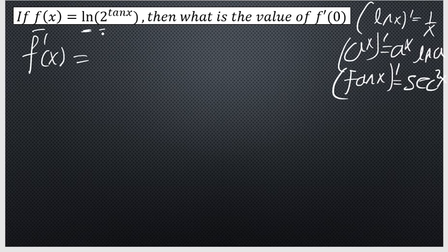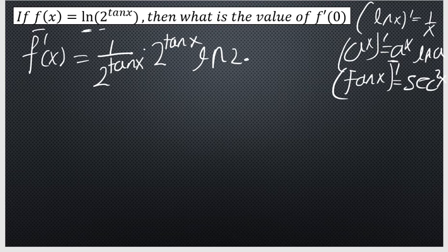Remember this. Therefore, the ln derivative will be 1 over the whole everything that is to the power of tan x, the outer derivative. And then the e to the power of something derivative will be e to the power of as it is, because here we said a to the power of x as it is times ln of the number. So that ln of 2 times again the tan x derivative.